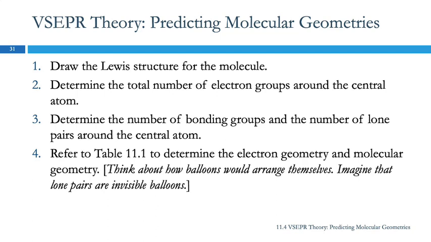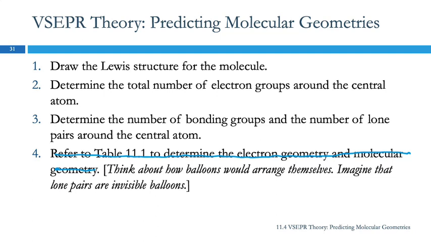Okay, that's not going to work, because there will be questions like this on exams and I'm not giving you the table. You look at the table and it looks really complicated, but it's actually not. Find out how many total electron groups. Think about what that many balloons would do. I command you to go out and buy some balloons and play with them.